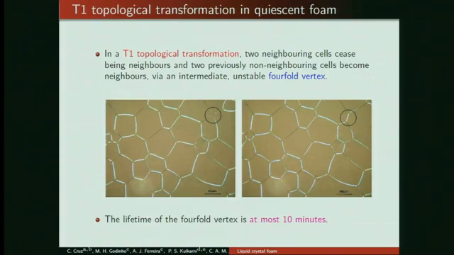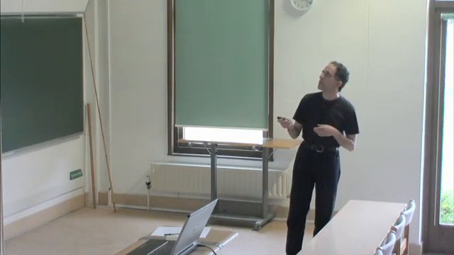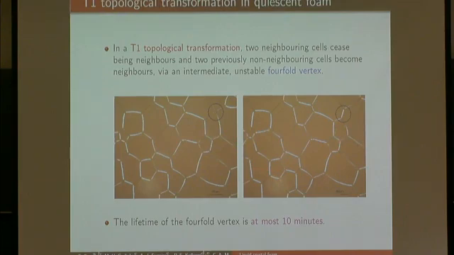And 10 minutes later, this vertex has split up into two threefold vertices that you see there. So previously, the top bubble and the bottom bubble were neighbors. Now there's been a neighbor switch, and now it's the right-hand side and the left-hand side ones that are neighbors. That's a T1 topological transformation, and because the time between these two pictures is 10 minutes, we can put an upper bound on the lifetime of this unstable vertex.